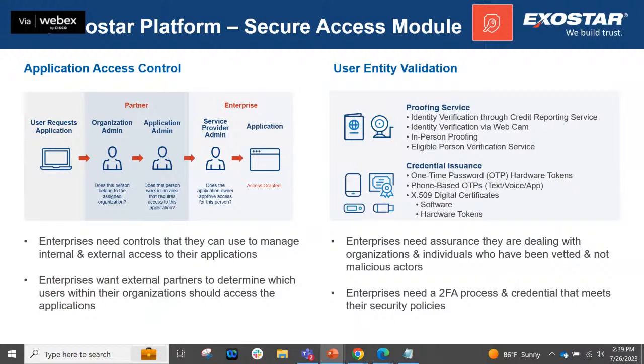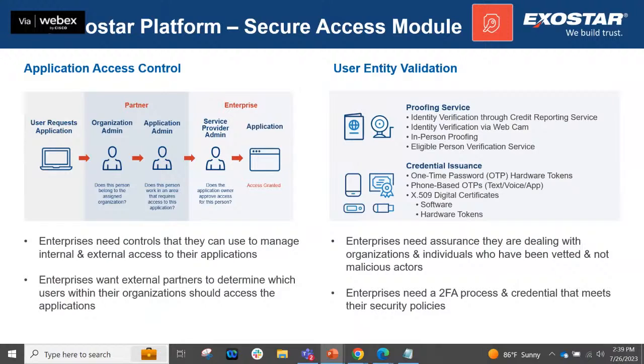If within this enclave and with particular partners, you need to ensure that they're US citizens, right? Exostar, as part of our proofing service, can do eligible person verification. So not only do they have a username, password, and multi-factor authentication to get in, but you can also enforce that they've got to be a US person to work within the environment.